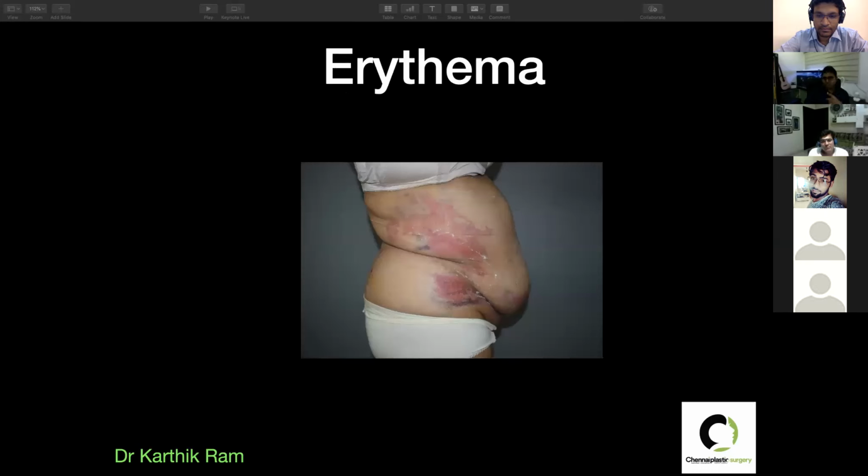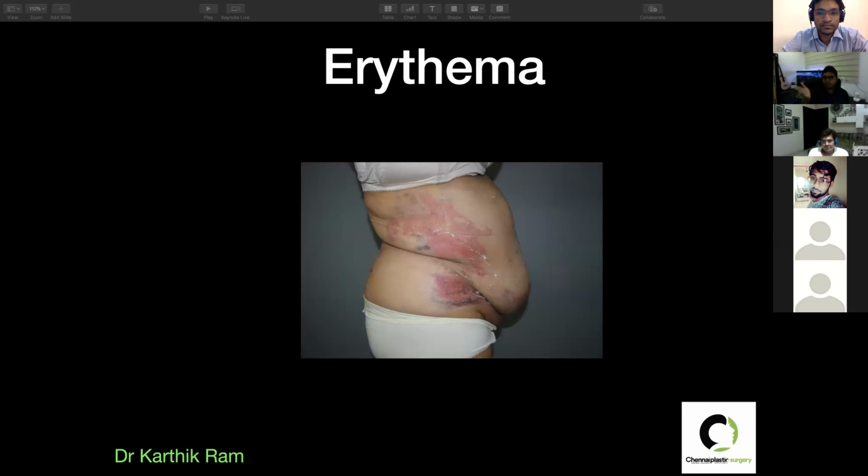Even the erythema, there are 2 kinds of erythema. The superficial erythema like this easily settles. If you see something darker, deeper, a little dark, black and red color, that is a little dangerous. Initially it looks as if everything is okay. It's a darker hematoma kind of, or ecchymosis kind of.